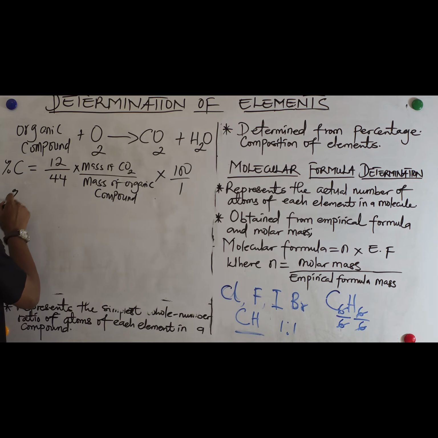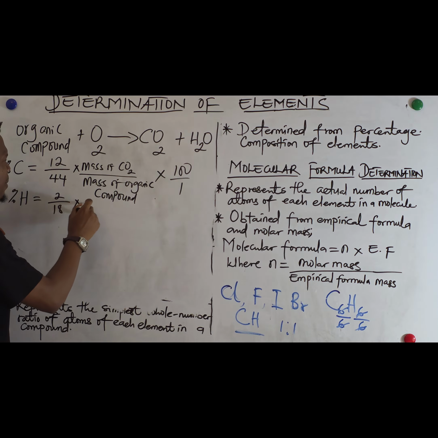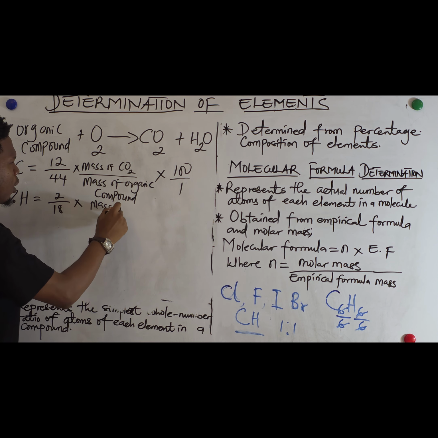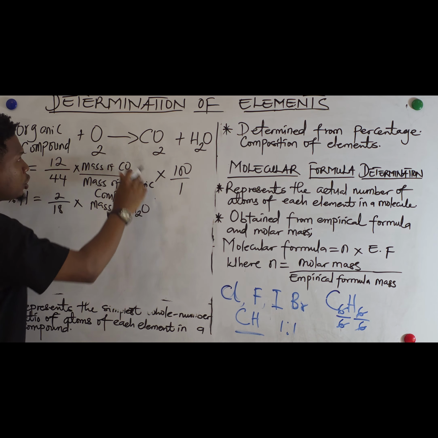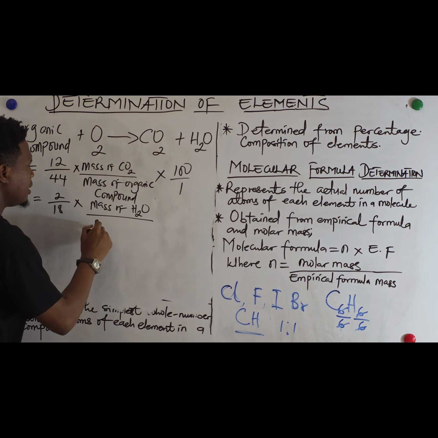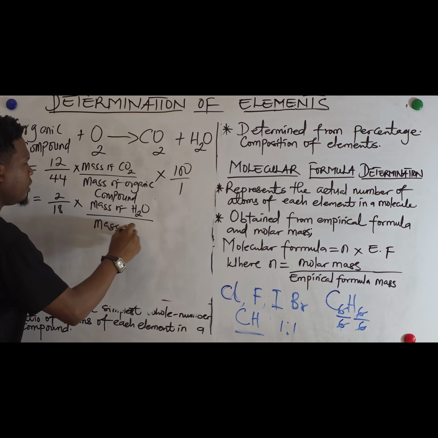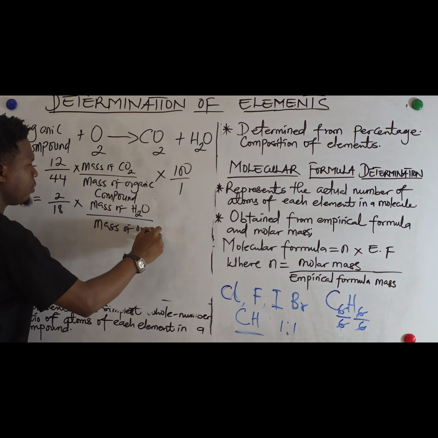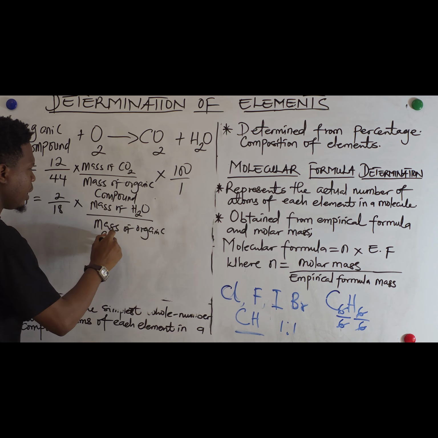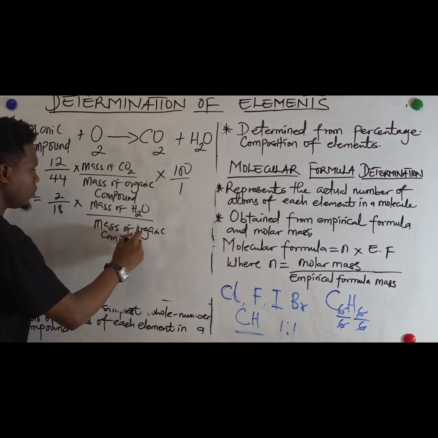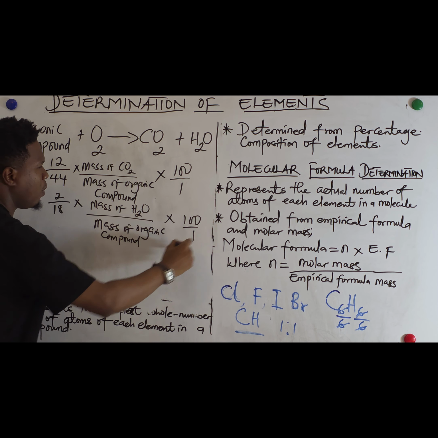How do I get the percentage of hydrogen? The percentage of hydrogen is 2/18 times the mass of water from the combustion data, all over the mass of the organic compound, times 100/1.